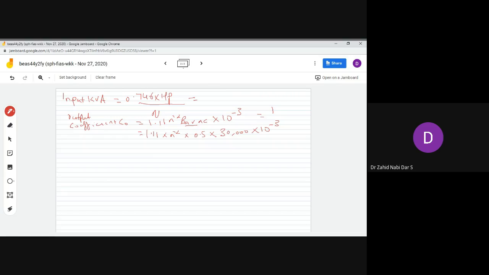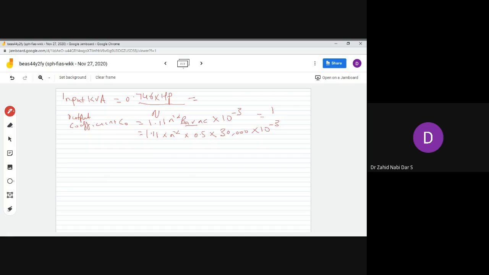Your input kVA value, please tell me. How much input kVA value are you getting? See, if you do 250 into 0.746, how much are you getting? 186.5, sir.